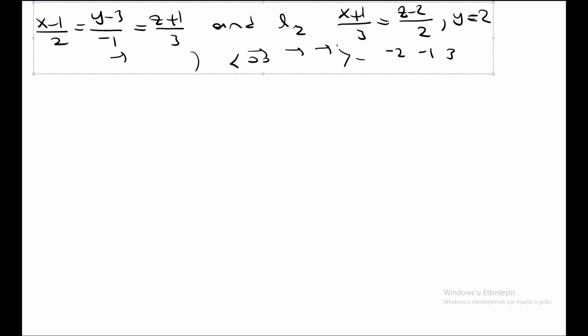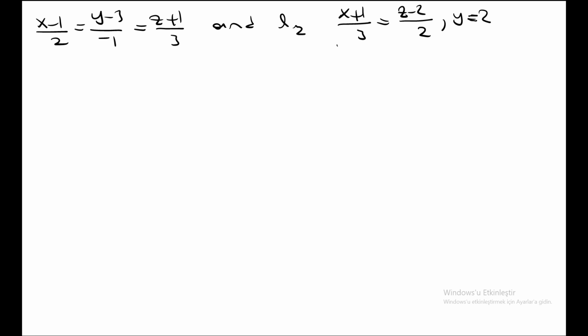So these are my lines. So now D1 is this one, okay? I write this line in parametric form. So x will be 2 times lambda plus 1, y will be negative lambda plus 3, and z will be 3 times lambda minus 1. So this is D1.